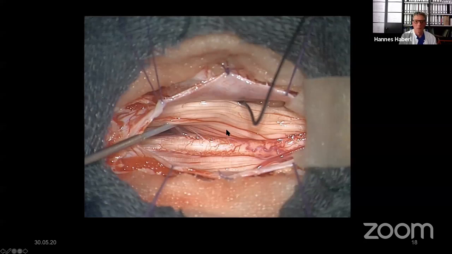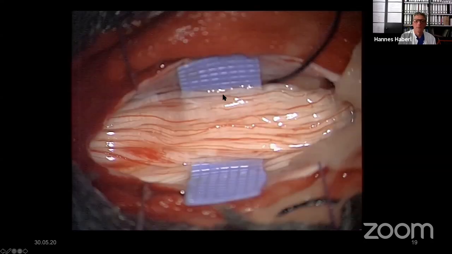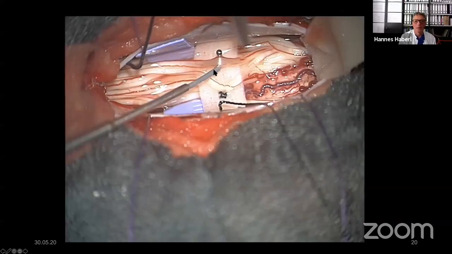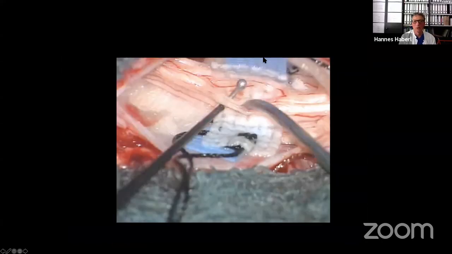Then we check the lowest vegetative roots S5 up to S2, and we separate the roots L1 or L2 down to S1 on this little pad. And then we go root by root. We can just split rootlets, they are too big, and we do between 3 and 6 rootlets per sensory root.